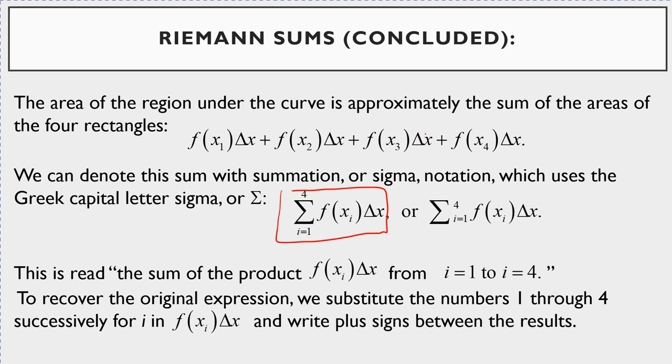This is read as the sum of the product f of x sub i times delta x for i equals 1 to i equals 4. This means i takes on the values of 1, 2, 3, and 4. And if you replace the i with first 1, then 2, then 3, then 4, you get the same thing. To recover the original expression, we substitute the numbers 1 through 4 successively for i in f of x sub i delta x and write plus signs between the results. So it's just a summation.